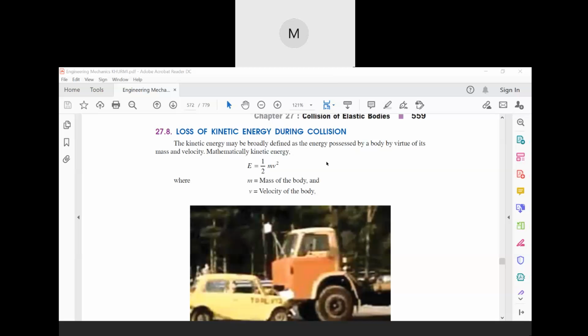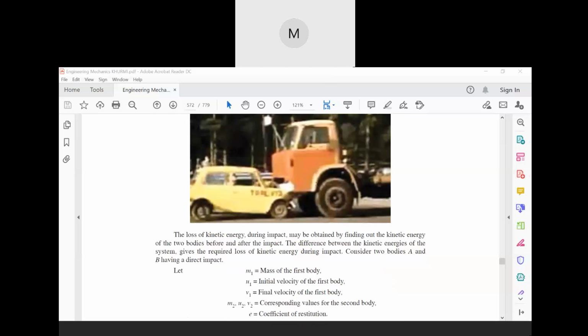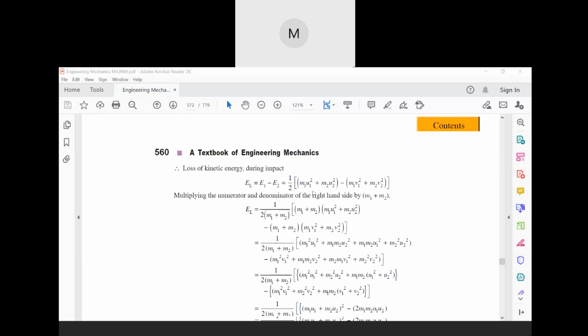So suppose a body has some mass and it is moving with a velocity v. The energy possessed by the body because of its movement is called kinetic energy. So it is given by E equal to half mv square, where m is the mass of the body and v is the velocity of the body.